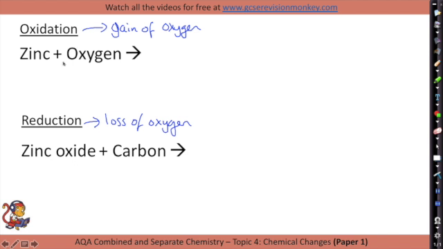So in this one, zinc reacts with oxygen, and zinc gains oxygen, so it forms zinc oxide. And in terms of reduction this time, it means the loss of oxygen. So this time zinc oxide would lose its oxygen. So you'd make zinc plus carbon dioxide.